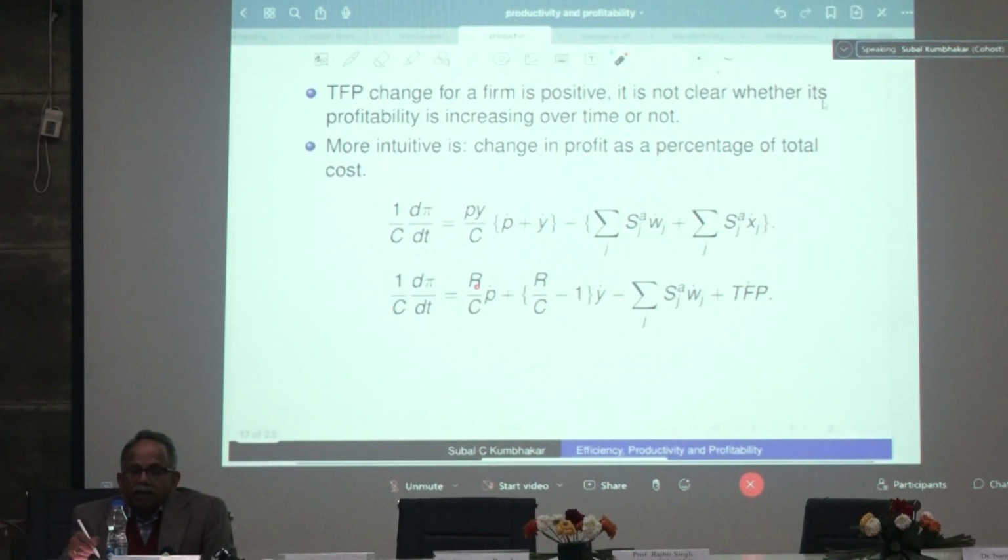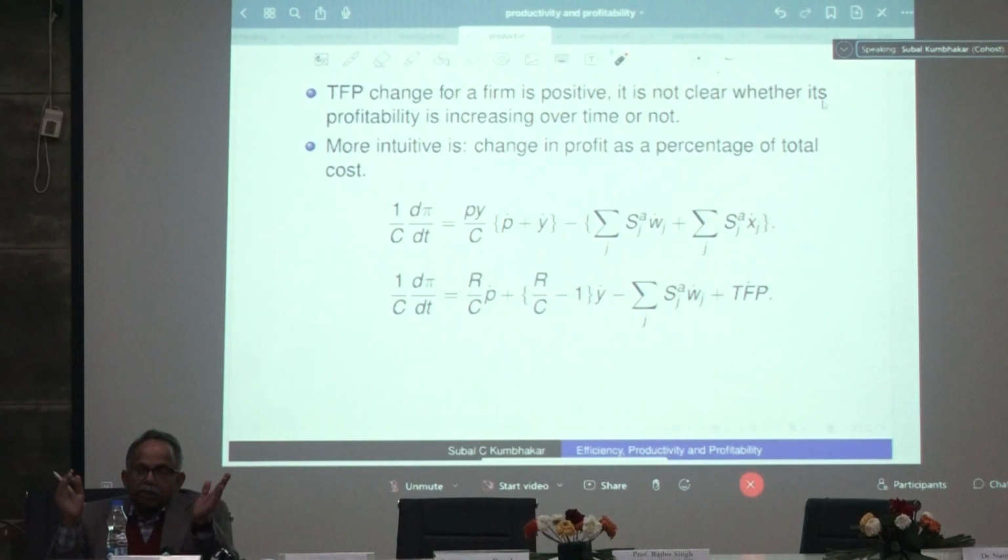What is R? R is revenue, C is cost. Again, you can get those from the data. And P dot is price, because you have to have price information. So this is coming from data, and this is also coming from data. Right? So the two additional components that we are adding do not require any more estimation.